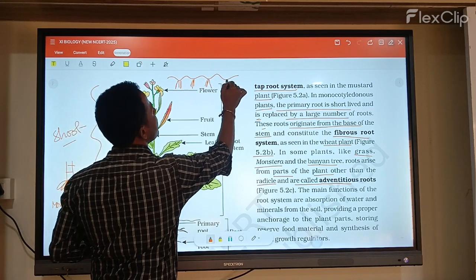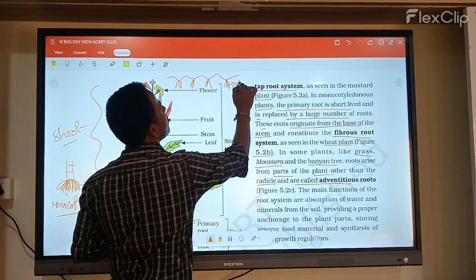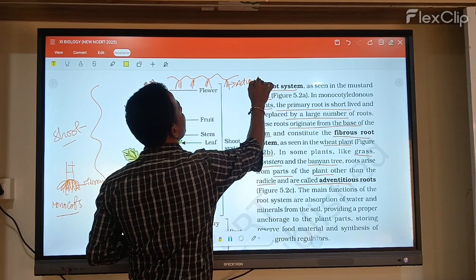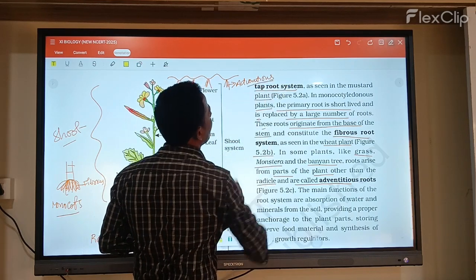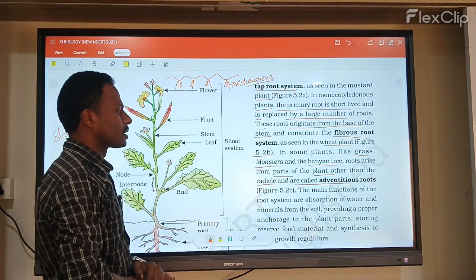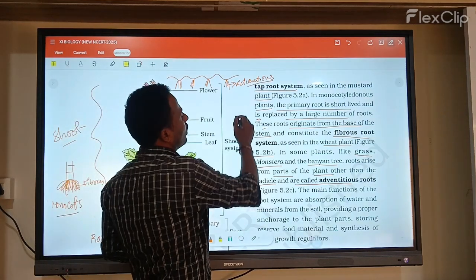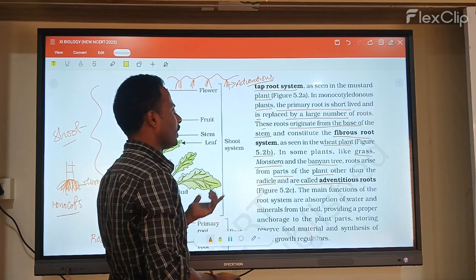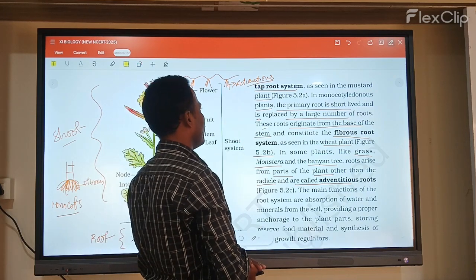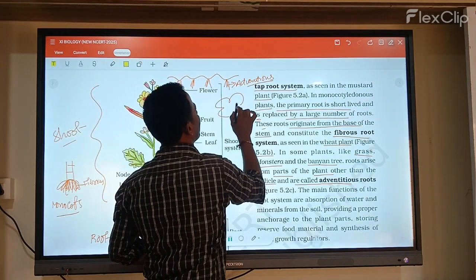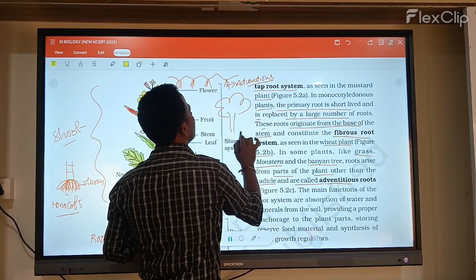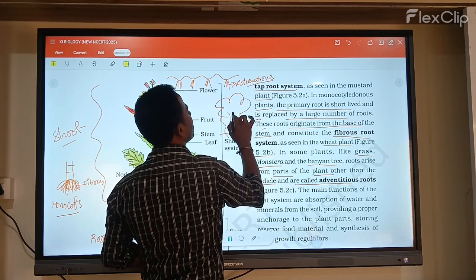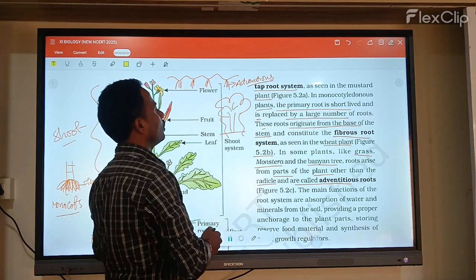These roots are called adventitious roots. Example: grass, monstera or banyan tree. See that the banyan tree has produced many adventitious roots.